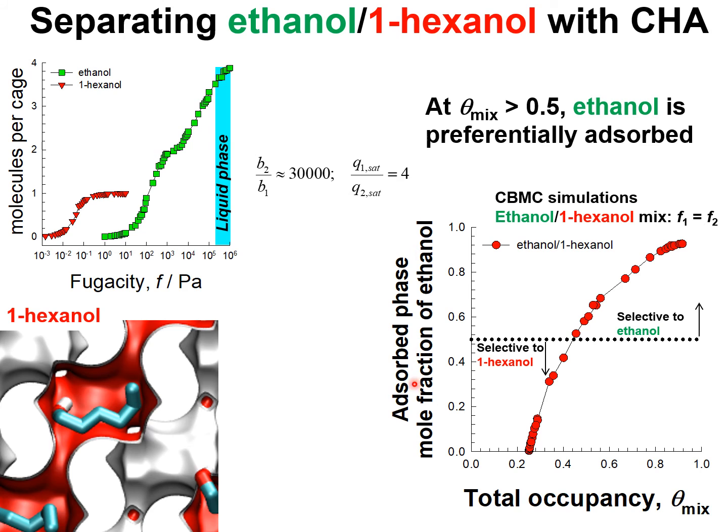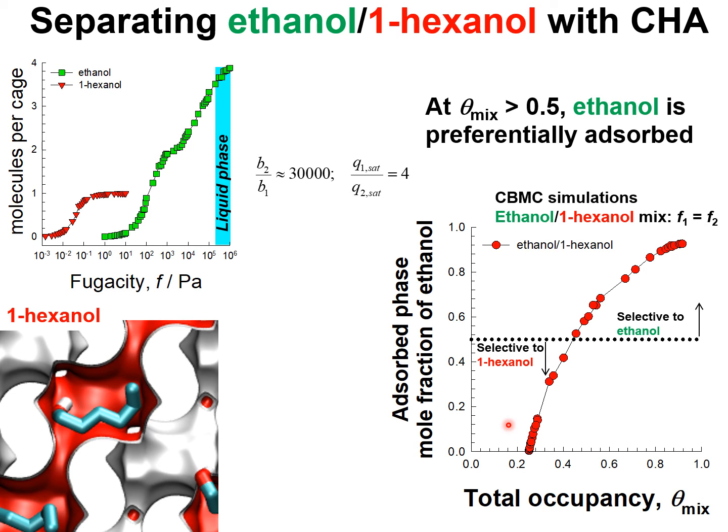I plot here the adsorbed phase mole fraction of ethanol as a function of total occupancy. These are the molecular simulations for the adsorbed phase mole fraction. And we note that below a pore occupancy of about 0.4, the selectivity is in favor of the longer 1-hexanol molecule due to its stronger binding with the framework.